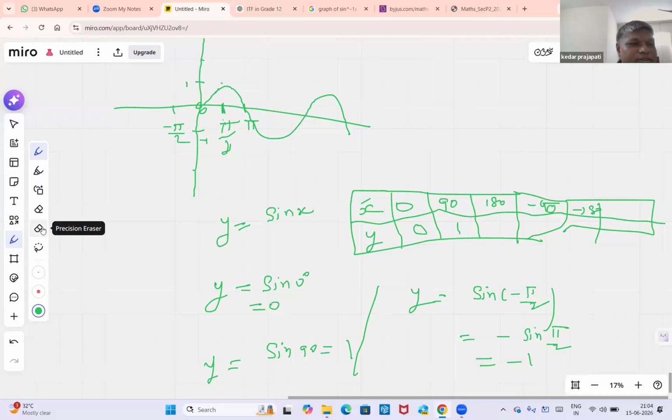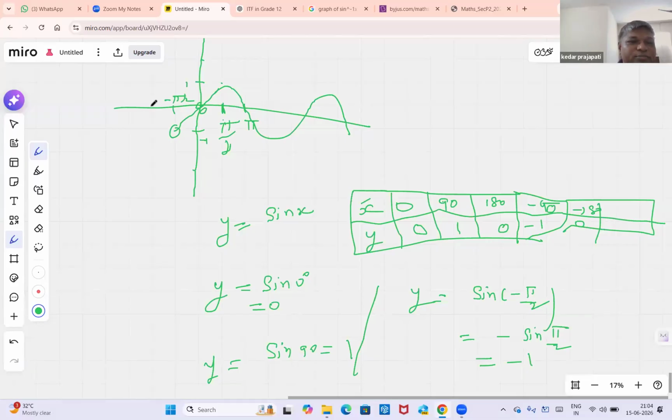Let me erase it. This is minus pi by 2. So this is the point. Now the curve is going like this. Again sine minus 180 degree. This is 0. This is minus 1. Right? This is again 0.